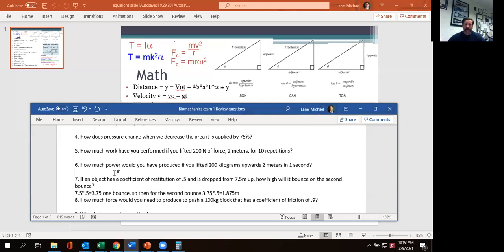So what we would instead have is 200 times 9.81 times 2, and then all of that divided by 1. Which is going to be obviously higher.